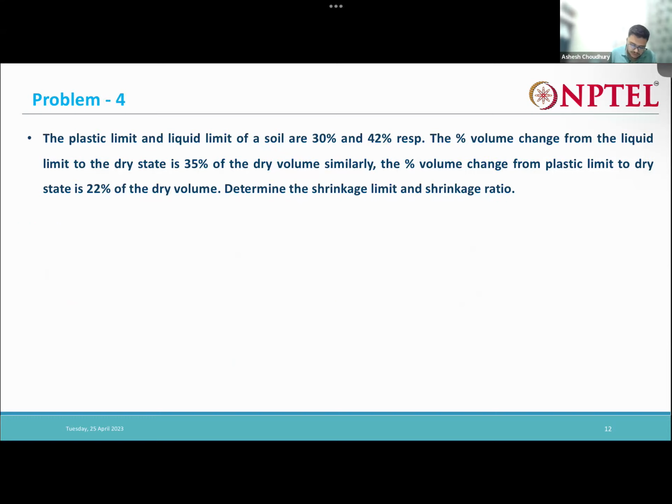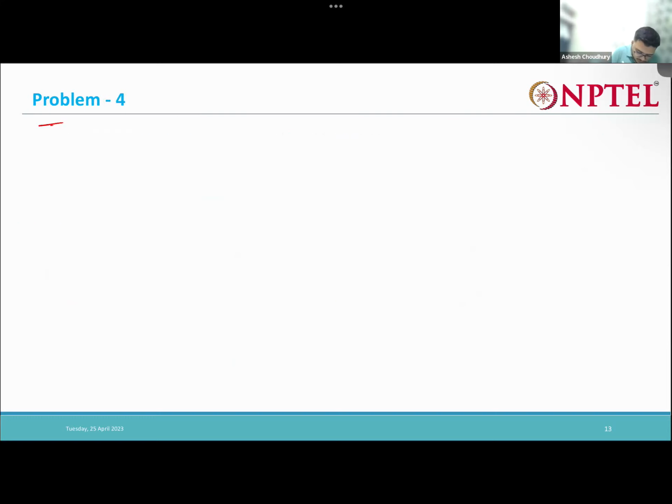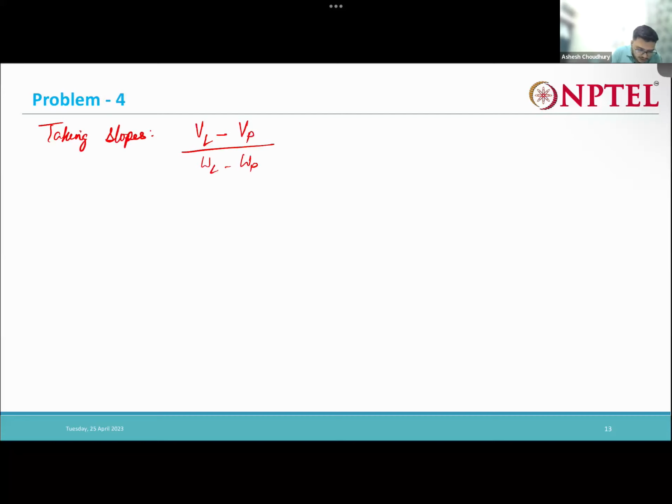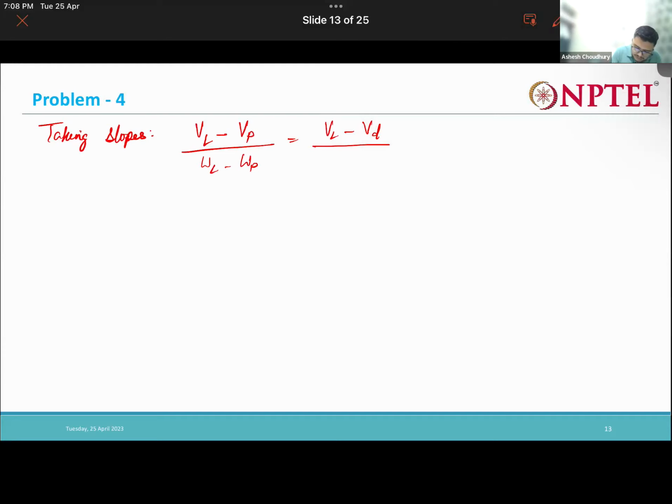So if you take the slope, we'll have (VP minus VD) by (WP minus WS) is equal to (VL minus VD) by (WL minus WS). Okay, so we are just taking the slope, right?